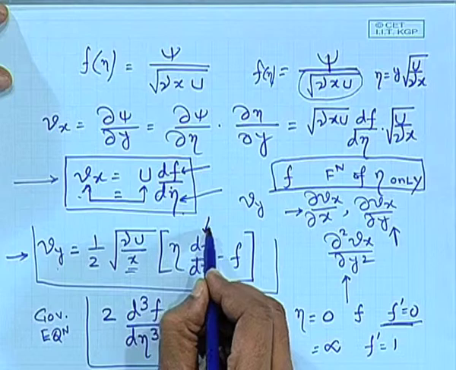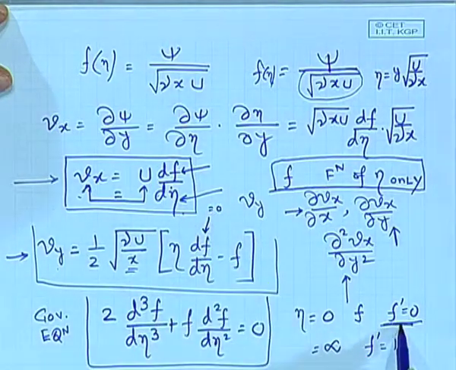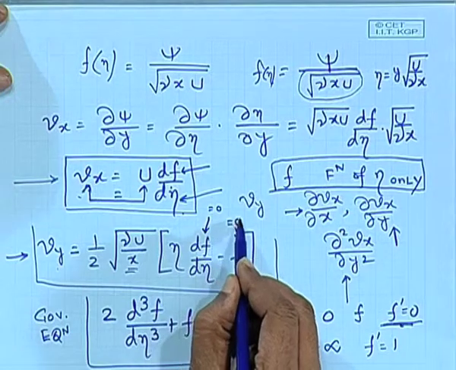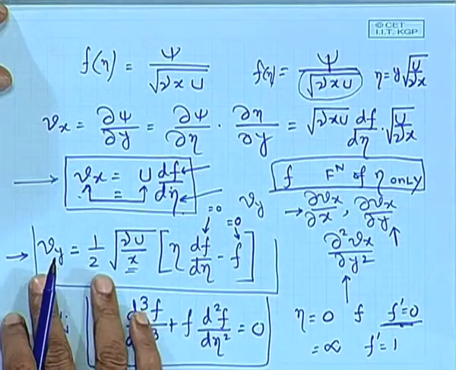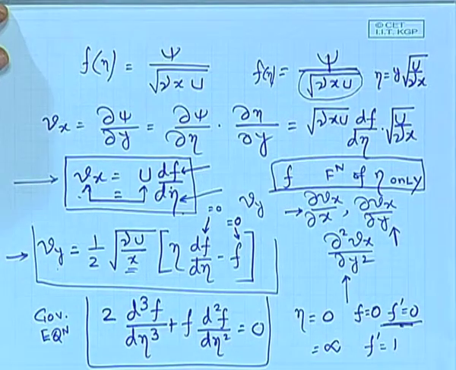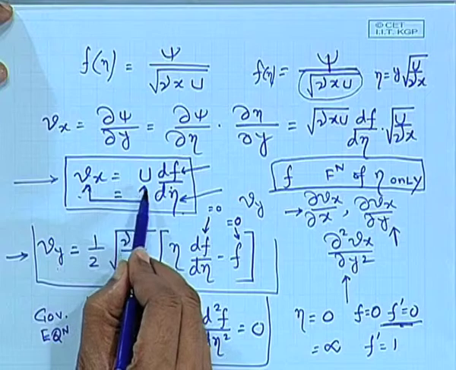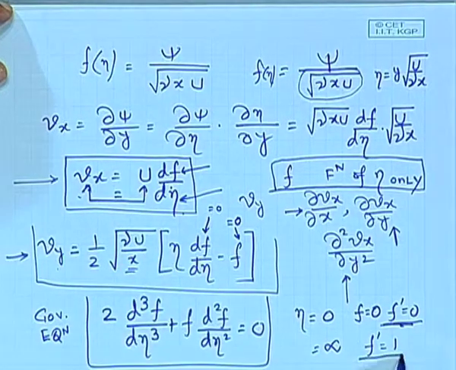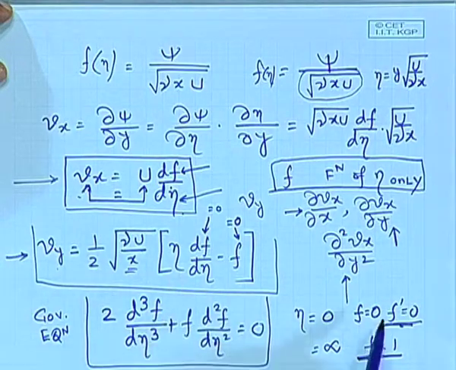This one is 0 at eta equals 0, we have already seen that. So, F will have to be 0 so that Vy is 0. The three conditions that we are going to use are based on our idea of no slip condition and velocity equal to the free stream velocity when y is equal to infinity, that gives me the third condition.